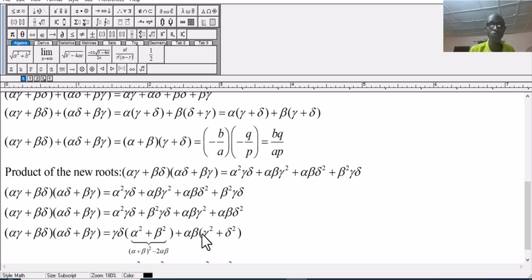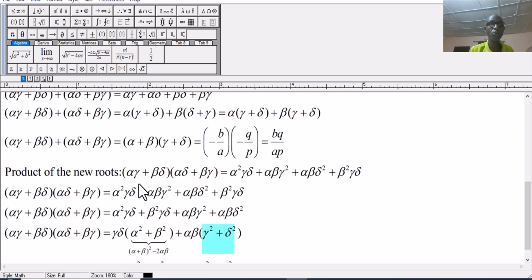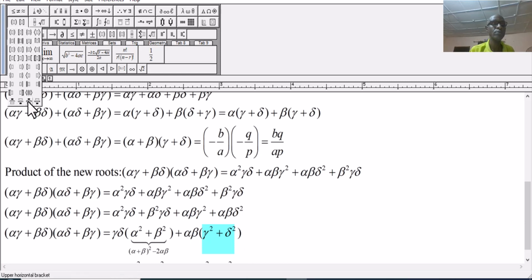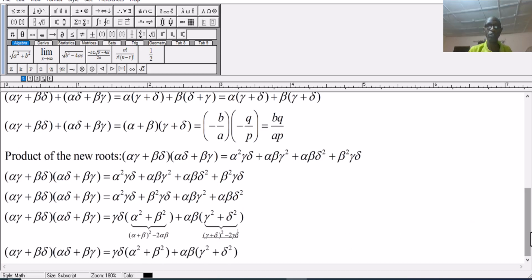And this other one is the same thing as gamma plus delta all squared minus 2 gamma delta. These are some identities that you have to know in your quadratic functions.